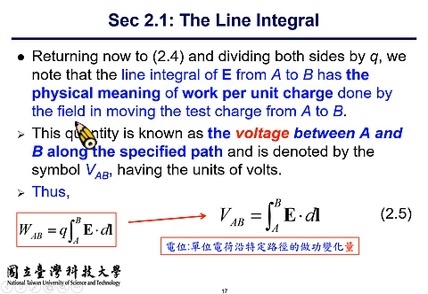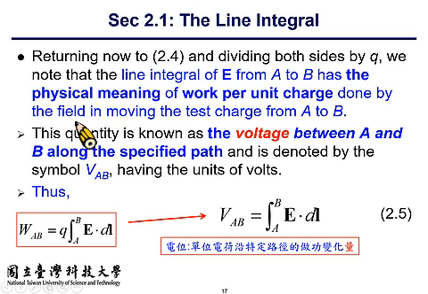As the equation indicates, the voltage can be regarded as the line integral of the electrical field from point A to point B, and the path from A to B can have many choices.